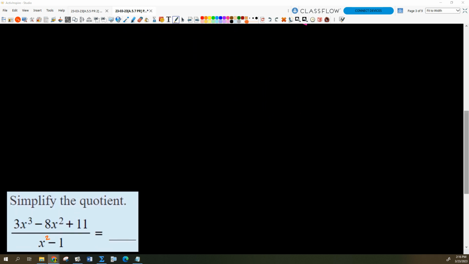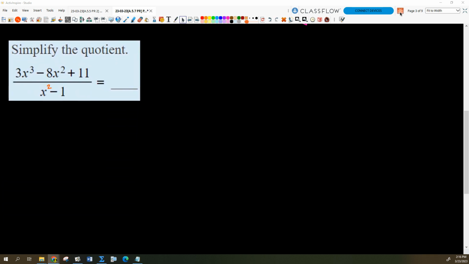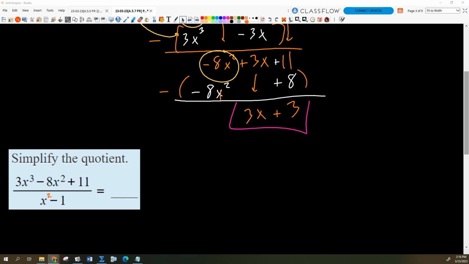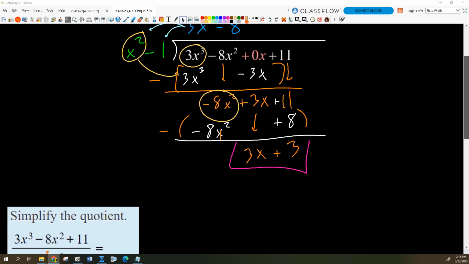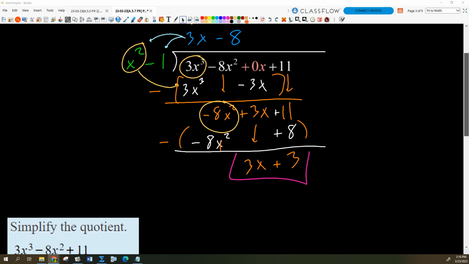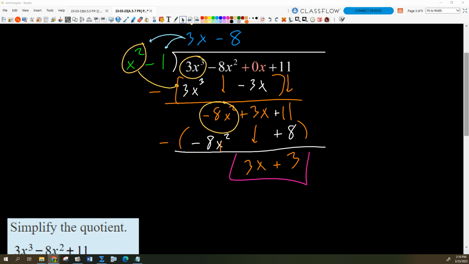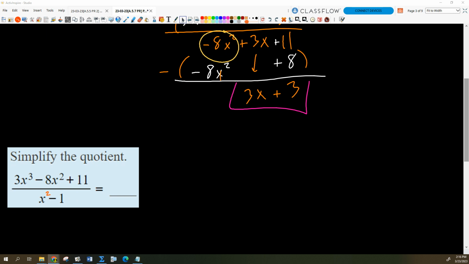And then what do you suppose the answer is going to be? What is this quotient? 3x minus 8 or 3x plus 3. Okay, good. So here's the polynomial part, we get the 3x minus 8. There's the regular polynomial part plus the remainder part.